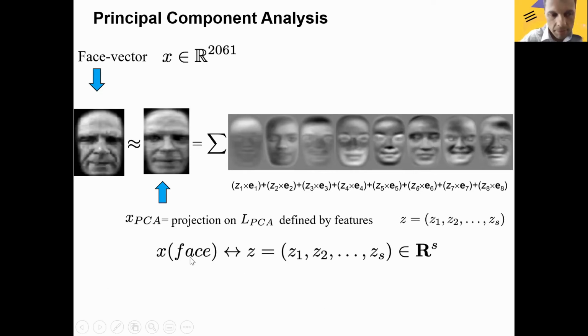So all this means that for any high-dimensional vector x, we can use a small number of parameters and a special decomposition. In this case, these are orthonormal vectors, so that each high-dimensional vector from our collection of vectors we can represent by a lower dimensional number of parameters.